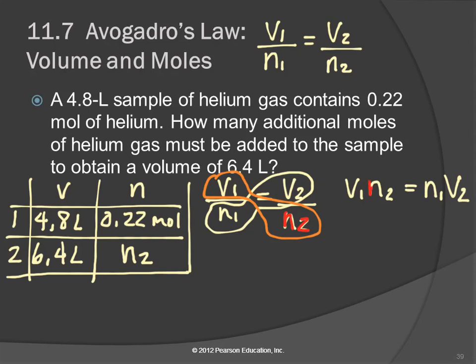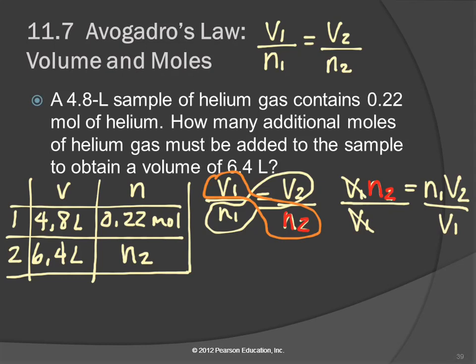So I'm going to highlight this in red again. So we're looking for N2. Now we can rearrange the equation. It's less dangerous. We've declawed the tiger. So I'm going to divide by V1 on this side because I don't want V1 next to N2. I want N2 all by itself. If I do that on one side, I have to do it on the other side.